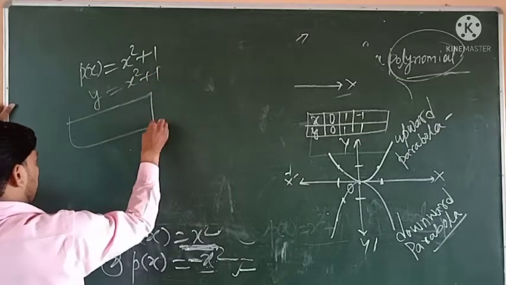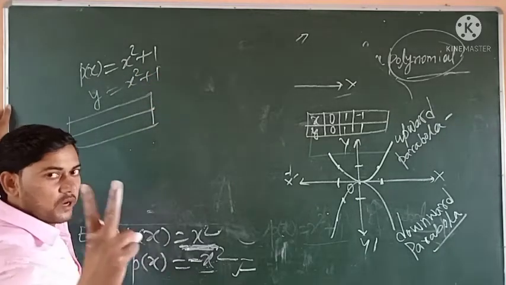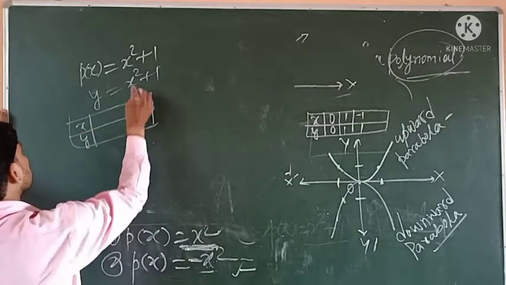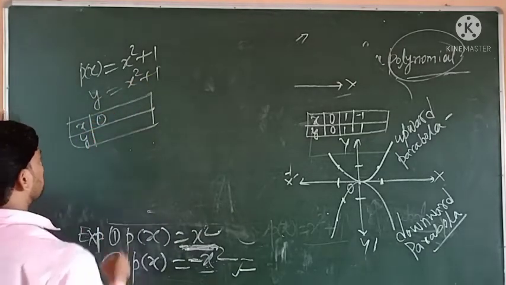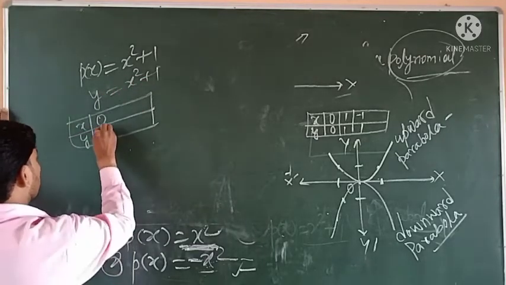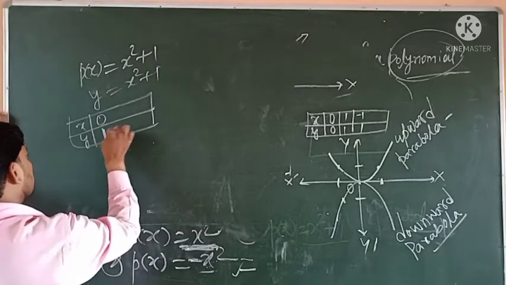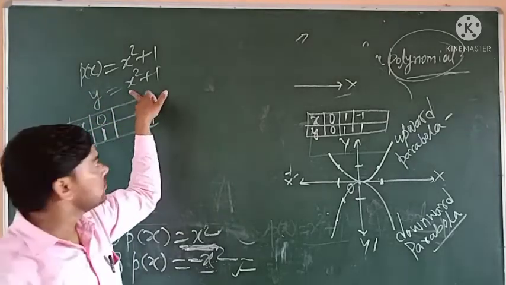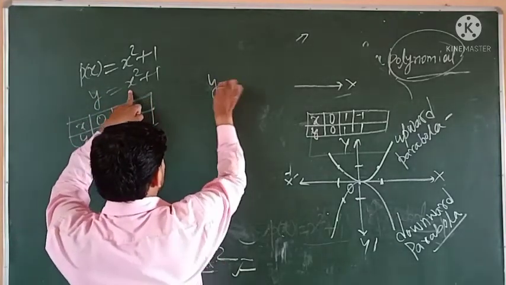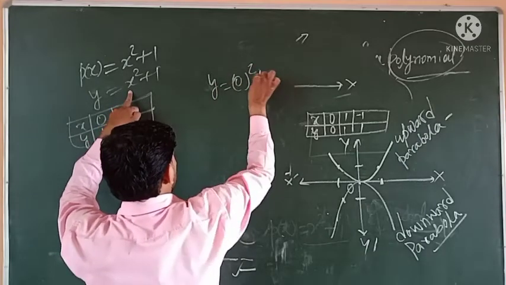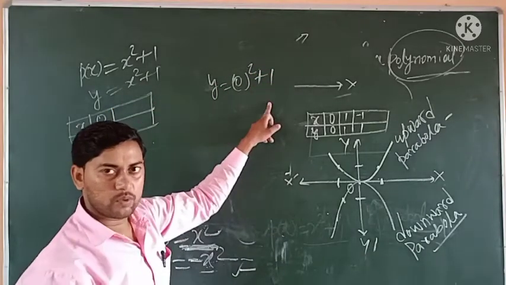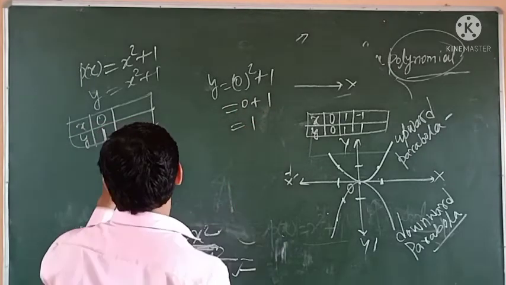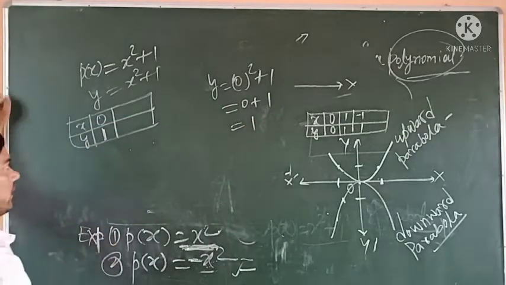To draw the graph, we find at least 2 points, x, y. If x is equal to 0, then y is equal to 0 square plus 1, which is equal to 1. This is the first point.